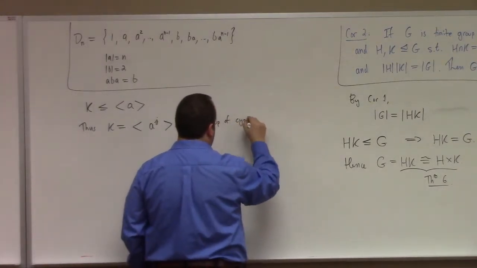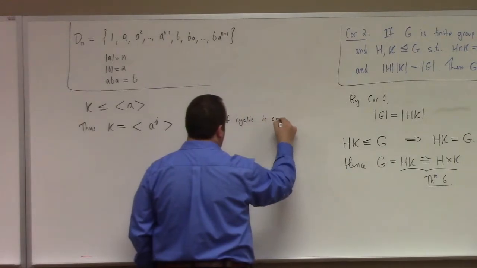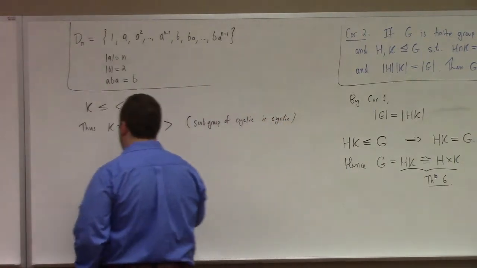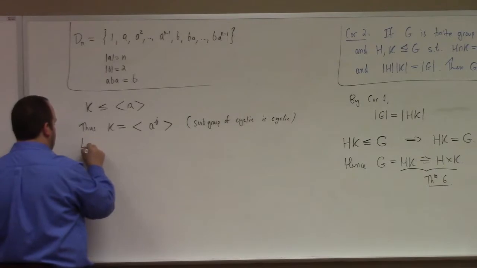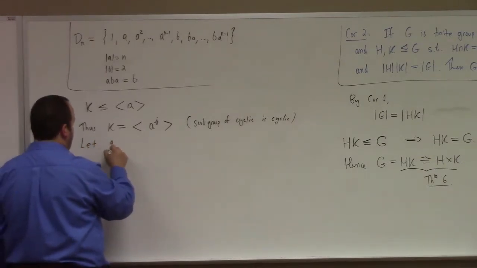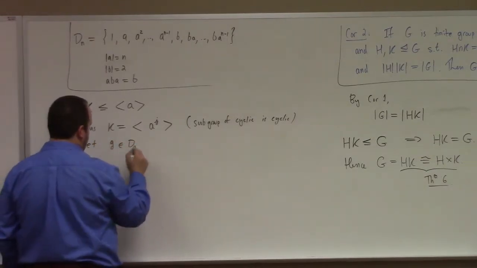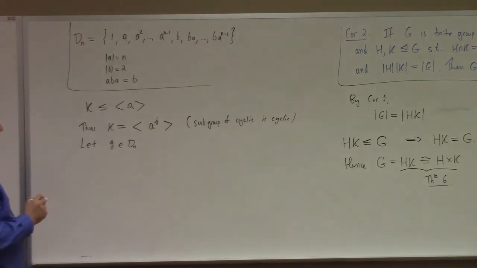Now, what else can we do? So then what do we do? We can let G be an element of Dn, right? What's an arbitrary element of Dn look like?